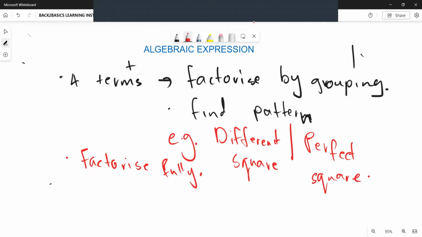For example, let me give you an example of some of the mistakes that students make when it comes to factorizing fully, right?